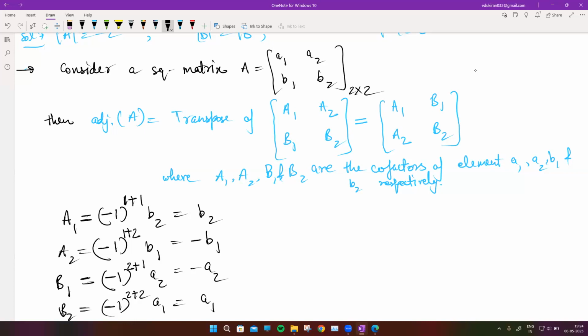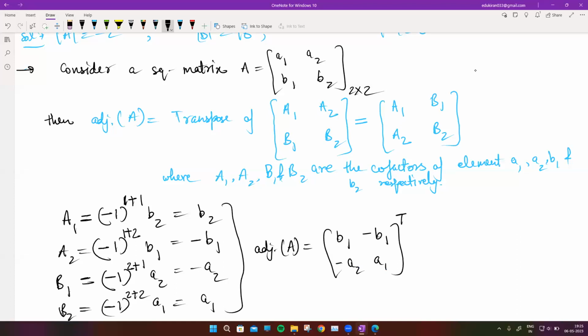Now, if I'm trying to find the adjoint, I have all the values for the cofactors. So the adjoint of A in this case will be the transpose of B2, minus B1, minus A2 and A1, and its transpose, which I can write like this.